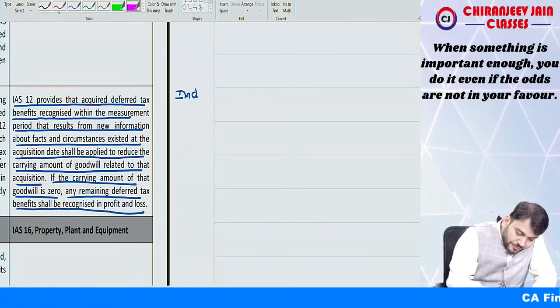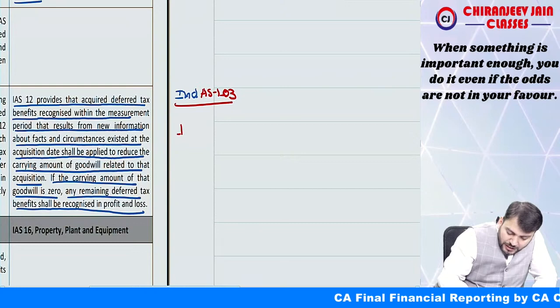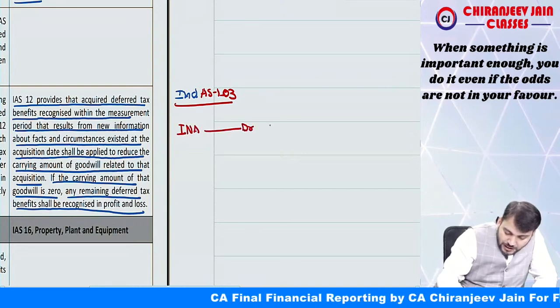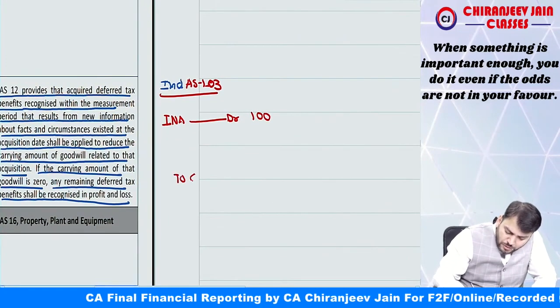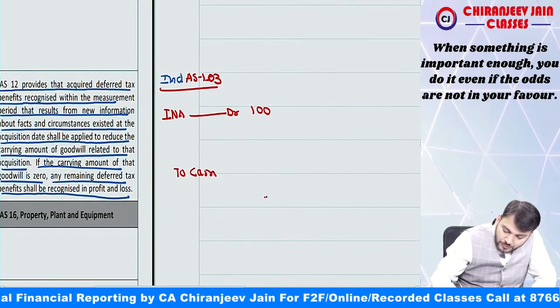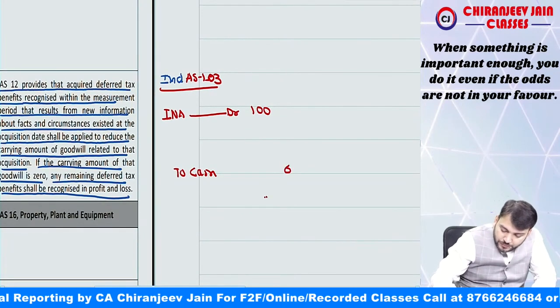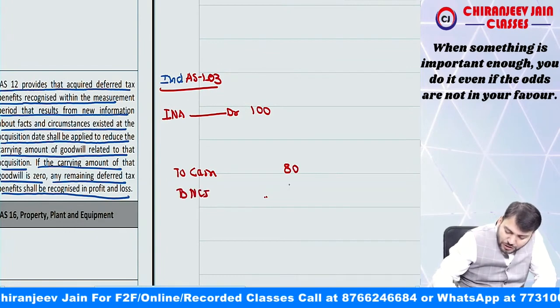Means under Ind AS 103, everyone, 1 minute. Under Ind AS 103, we pass one journal entry: Net assets account debit, suppose 100 crore, to cash suppose 80, and to NCI suppose 20.